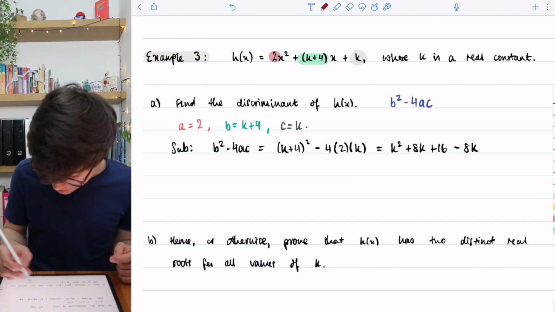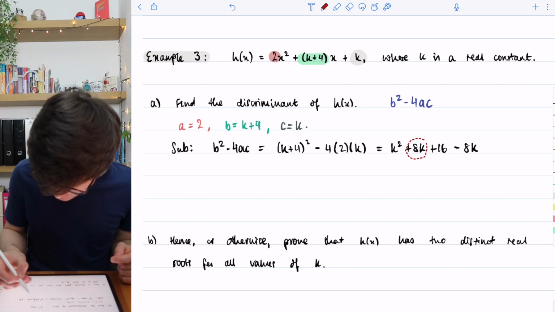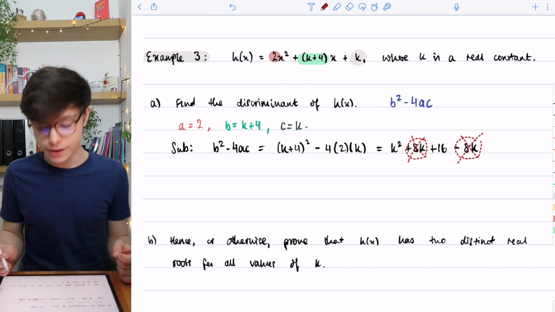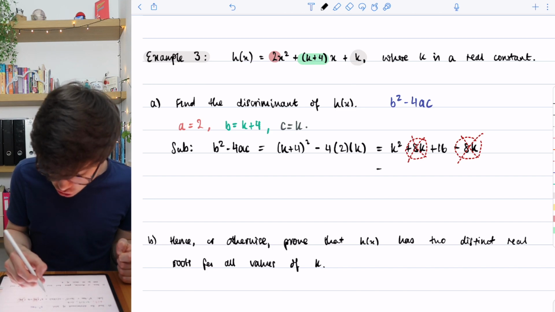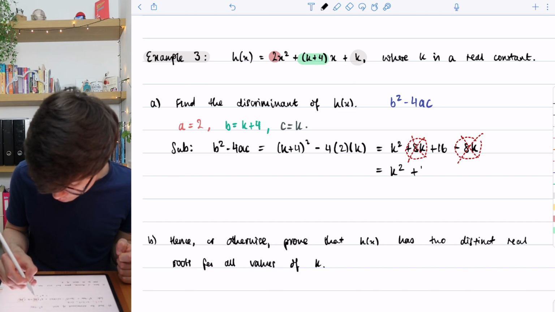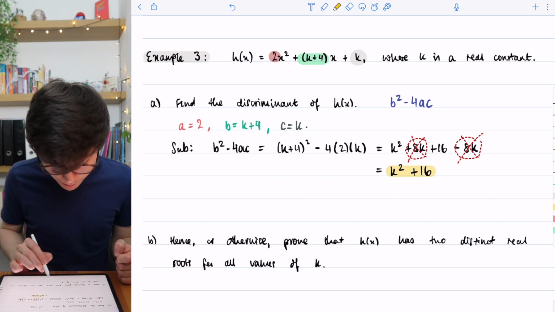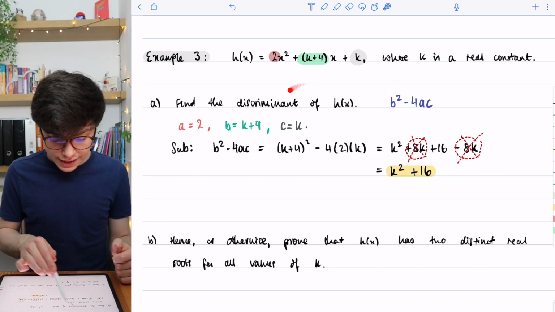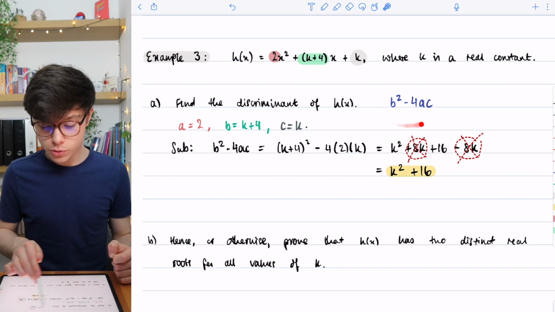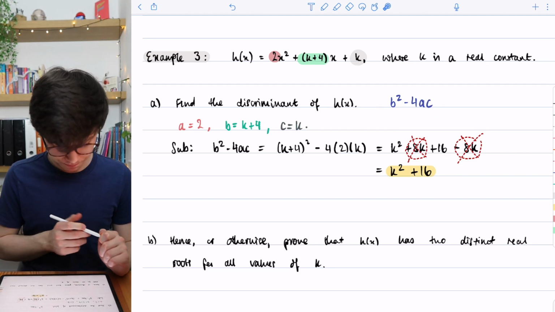Then we can simplify. That is going to cancel with that, so those two terms are going to disappear, and I am just left with k squared plus 16. So that is my discriminant. We were just asked to find it, okay? All we needed to do was just substitute a, b and c.